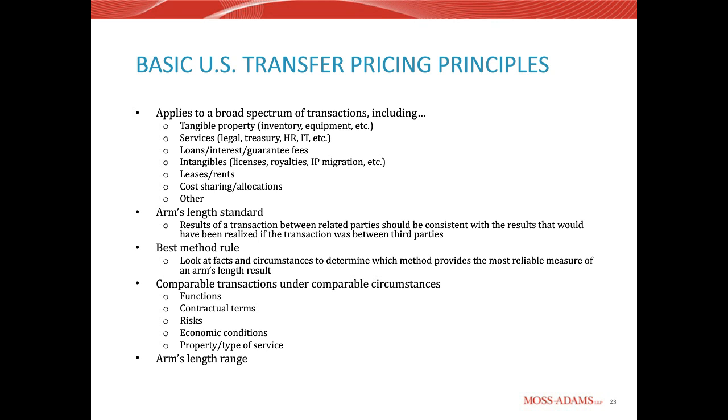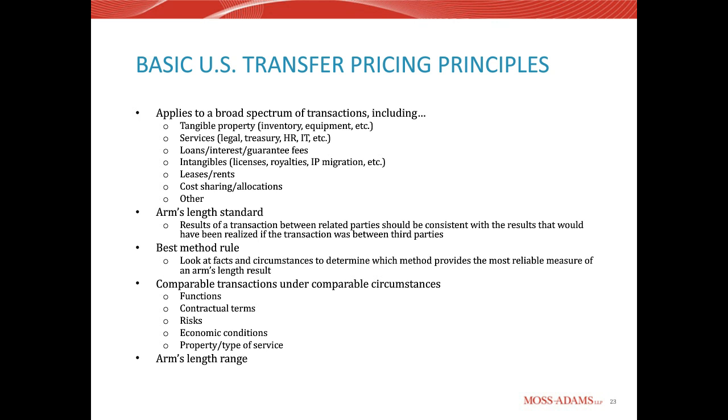But as one can imagine, as we've moved into more technology and different types of service industries, it now obviously affects services. You can look at loans, especially with a lot more internet companies. There's a lot of intangibles, licenses, and royalties. And there are also questions around leases and rents. And clearly what we have here is cost allocations.